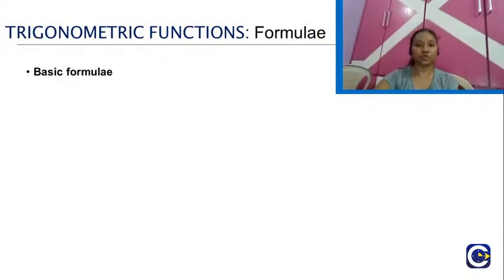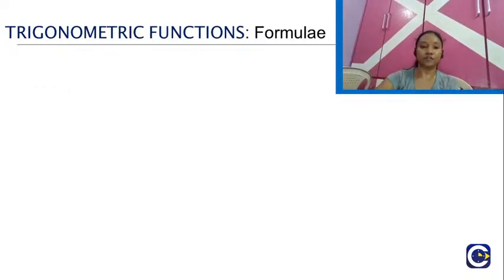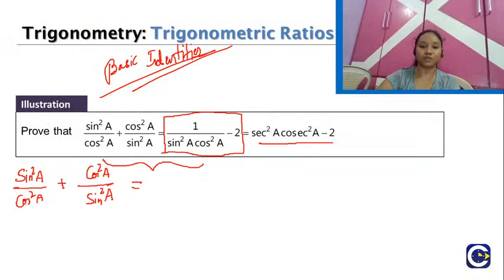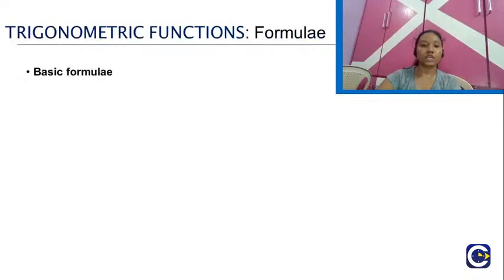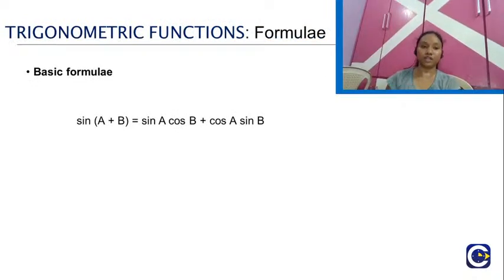As I have told you in your lower section in your 10th standard or your previous sessions, we have seen very basic identities, which you have used to solve this previous question, right? Here we have some more formulas for our trigonometric functions.